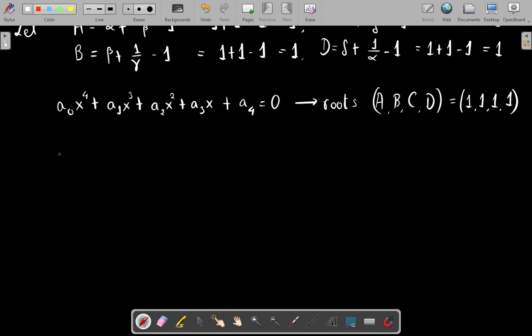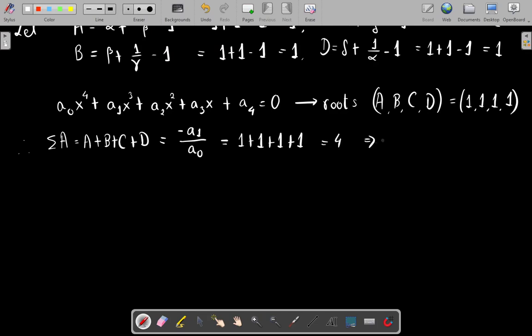Now if we try to use the sum of roots and product of roots, the sum of roots, Σα, which is A + B + C + D, is given by minus the coefficient of x³, a₁, upon the coefficient of x⁴. And this value A + B + C + D is equal to 1 + 1 + 1 + 1 = 4. So this implies a₁/a₀ is −4, on multiplying both sides by −1.